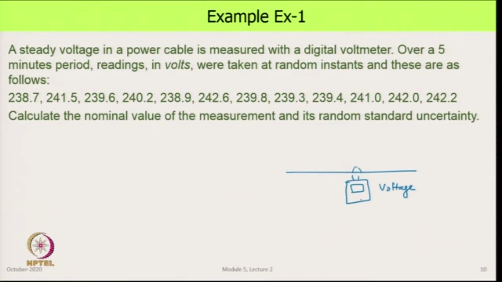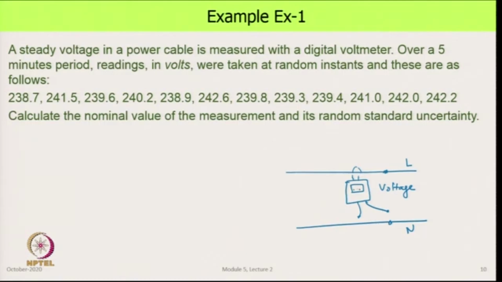This takes the current, and there will be another 2 links which are connected between the supply lines. This is, say, the live and the neutral or earth, and we are getting the voltage between these 2. We can do that quite routinely in any of our domestic wiring or anywhere else. You just get the right instrument, put it and take it.